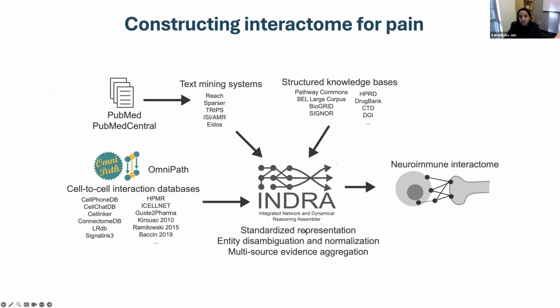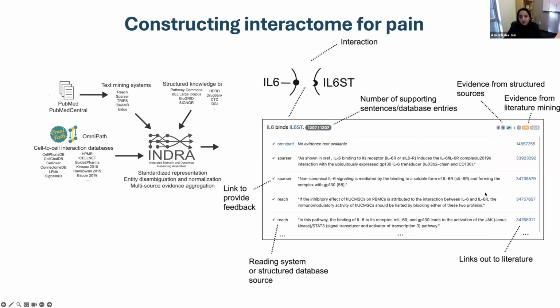Indra was developed at Harvard Medical School in Peter Sorger's lab. And as a result, we ended up with a receptor-ligand interactome. The output of Indra looks something like this. Because this is an evidence-based text mining software, every interaction that we call to be true comes associated with actual evidence from the literature. For example, IL-6 binding to IL-6 receptor, which is IL-6ST.